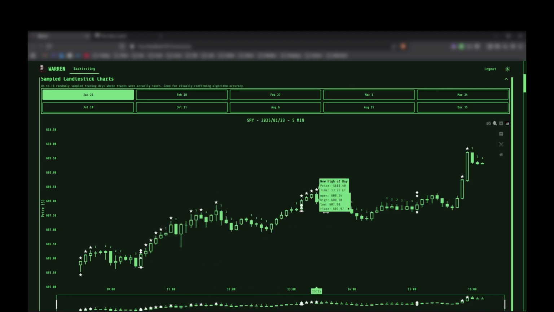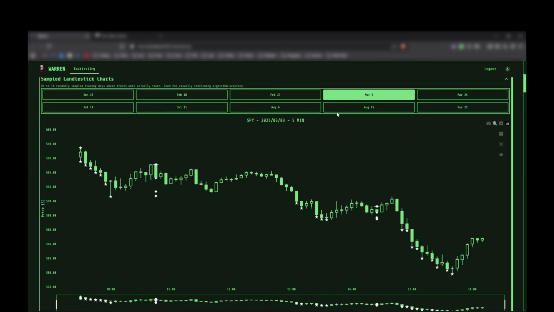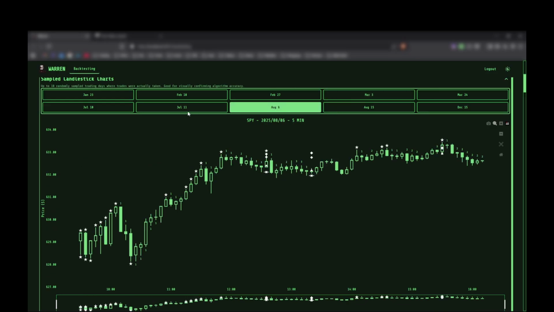This visual was absolutely necessary for me to know whether the system was working correctly or not. It samples 10 random days from the data that was tested.